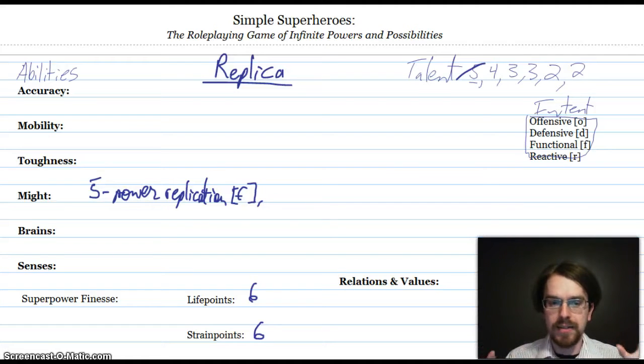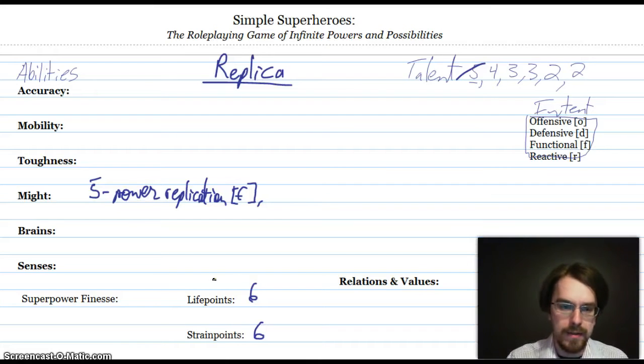So superpower finesse says how flexible you are with all your talents. Having multiple talents relating to a particular sort of power, like say fire, implies that you have more control over that talent. And talents are meant to be narrow, so that focuses in on that.